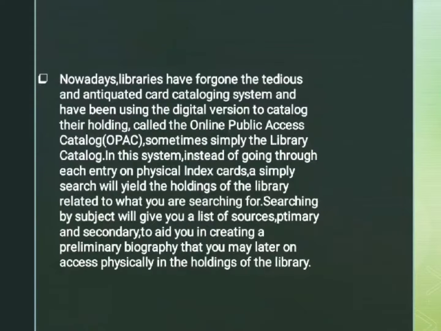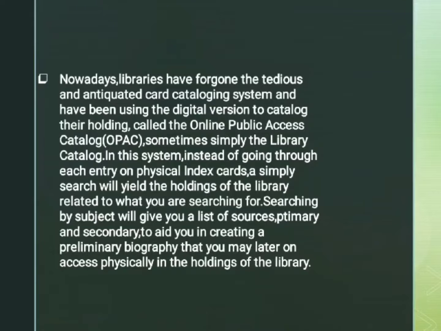Nowadays, libraries have forgone the tedious and antiquated card cataloging system and have been using the digital version to catalog holdings, called the Online Public Access Catalog or OPAC, sometimes simply the library catalog.